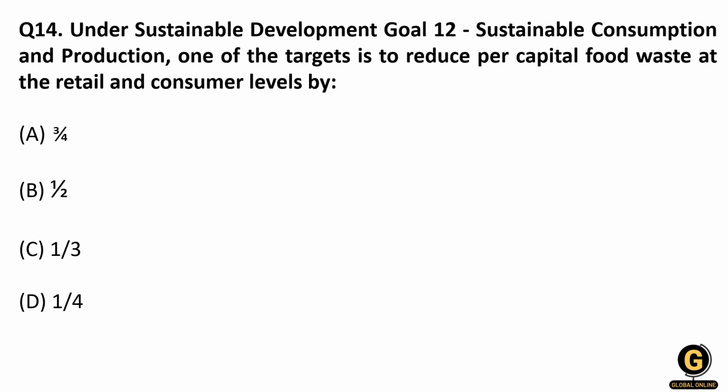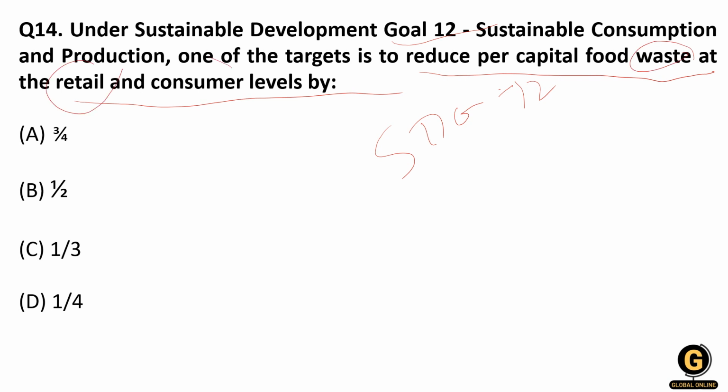Under Sustainable Development Goal 12, they have asked a question on SDG 12, sustainable consumption and production. One of the targets is to reduce the per capita food waste at the retail and consumer level. So what is the target of reducing the per capita food waste at retail as well as consumer level?